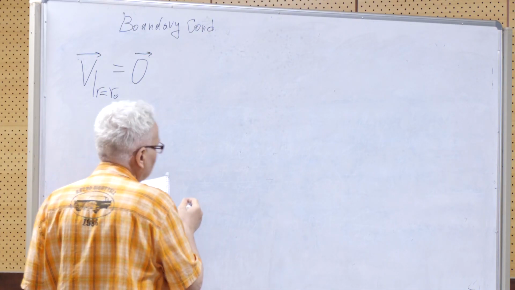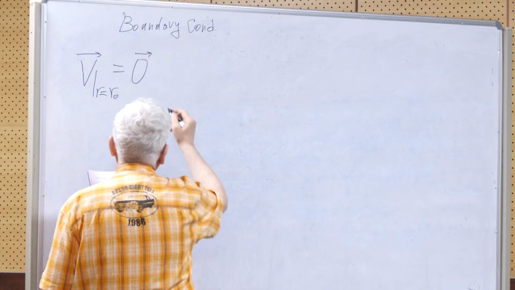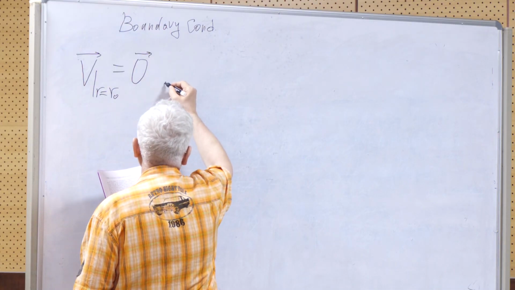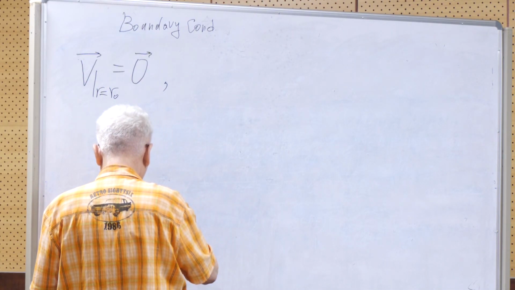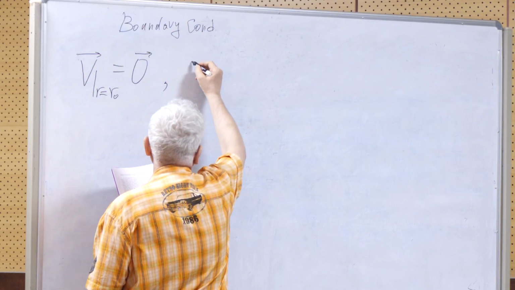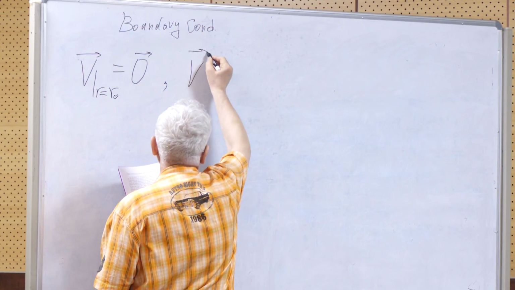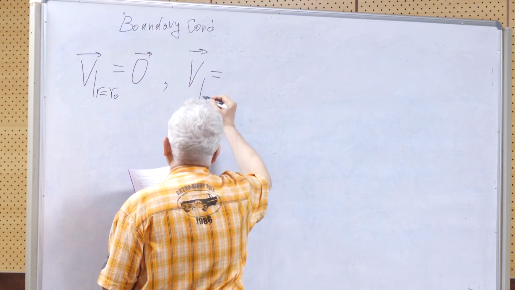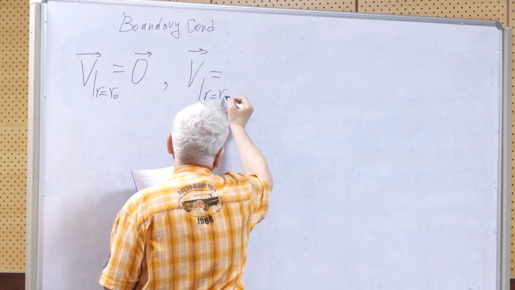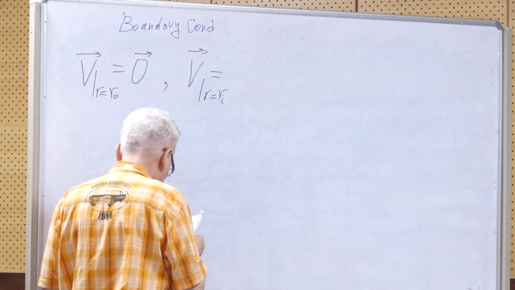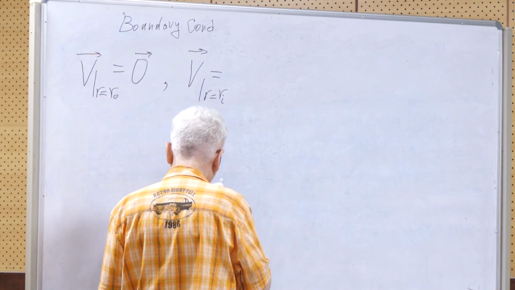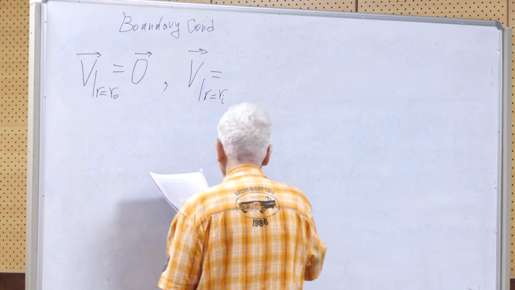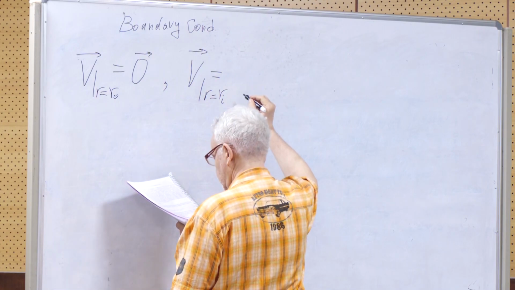But for the inner boundary, we again have the same V, but in another place: we have the inner boundary with R equals Ri. And here we have also a simple formula, but nevertheless a bit different.